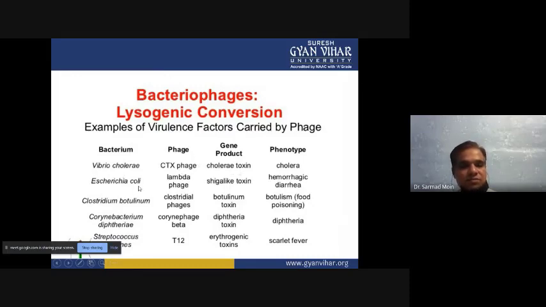Another bacterium, E. coli, is infected by lambda phage, and Shiga-like toxins can be transferred from one organism to another. There are many examples where bacterial genes are transferred from one organism to another.